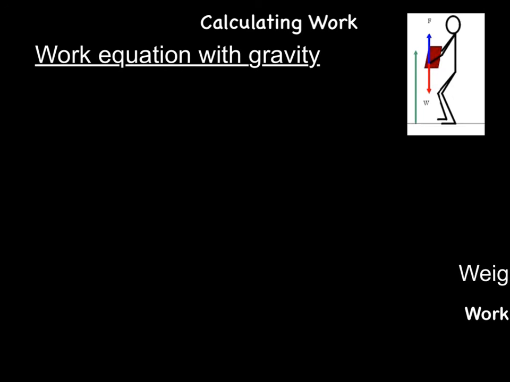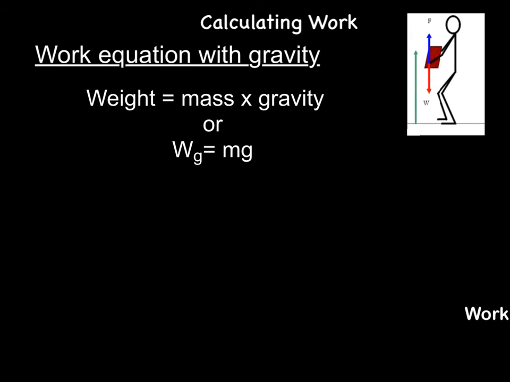So we're going to bring back this equation. Weight is equal to mass times gravity, or big W with a little g subscript is equal to mg. You're going to see why we need a W with a g here in a second.